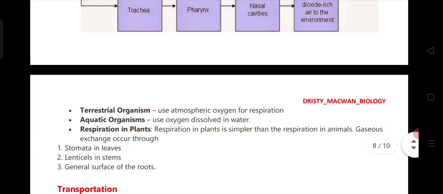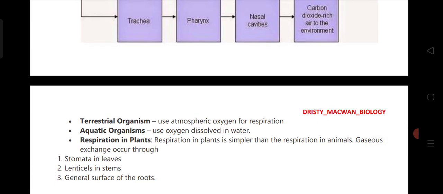Here we are going to see about terrestrial organisms, which use atmospheric oxygen. Terrestrial organisms are those organisms which live on land, and we also come under them. So we are also a kind of terrestrial organism.